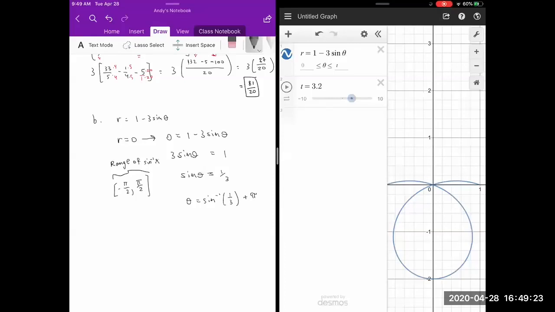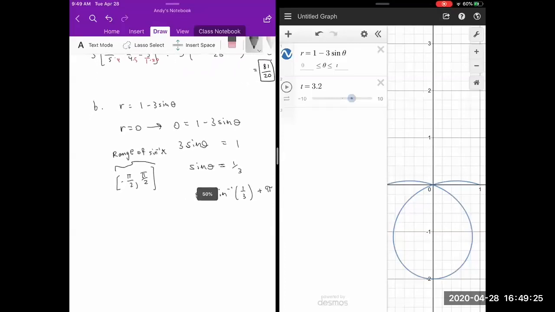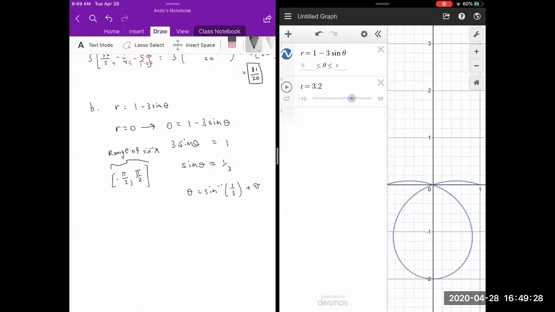Sine inverse of x. But again, it's hard to show. Here's what I'm going to do. I'm going to plug these values into my calculator and see what we get. So sine inverse of 1/3. We need to be in radians.